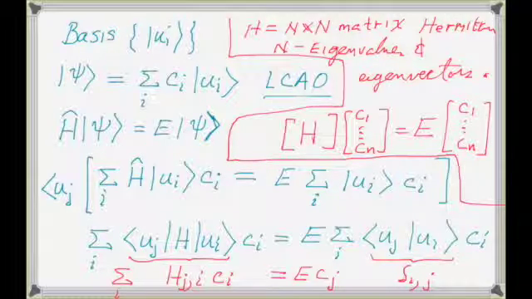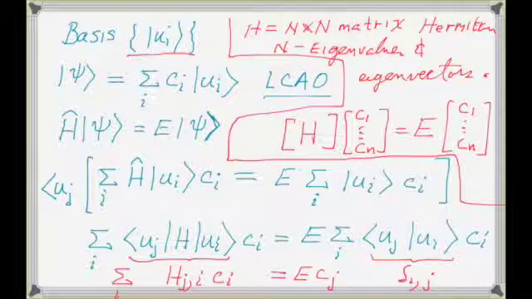We said we could choose the atomic orbital basis. Well, once you've diagonalized your Hamiltonian, which means you've calculated the eigenvectors, you could use that basis also. And then you have what's called a diagonal basis, because in the basis of the eigenvectors, the Hamiltonian is a diagonal matrix, and the diagonal elements are just the eigenvalues, your eigenenergies.